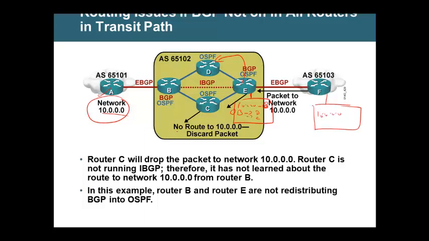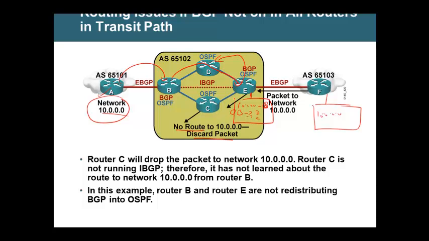No. Why? Because we are not running BGP there. Because you are not running BGP, the BGP updates will not be learned. It will simply pass the update. See, when A was giving an update to B, D was simply taking and passing it to E. Yeah, the IBGP update.